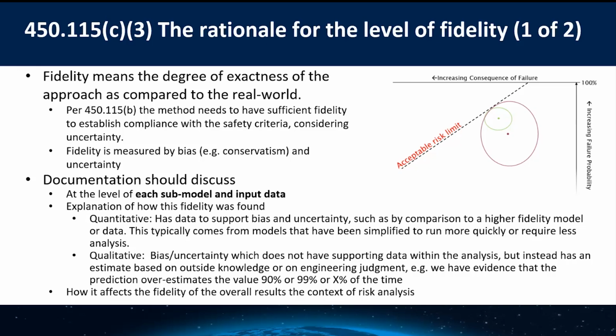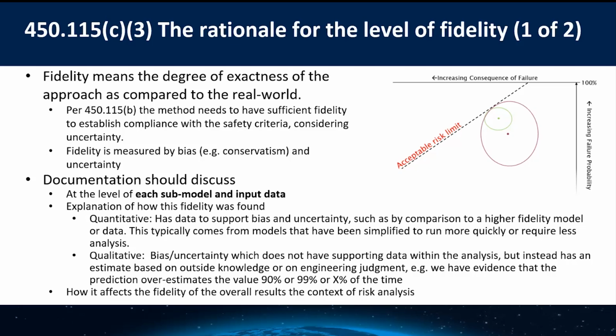In some cases, a qualitative approach is more appropriate. This applies to bias and uncertainty which does not have supporting data within the analysis, but instead has an estimate based on outside knowledge or an engineering judgment. Perhaps the calculation has been performed multiple times so that you have evidence that the prediction is conservative, overestimates the value that you're trying to predict a high percentage of the time.